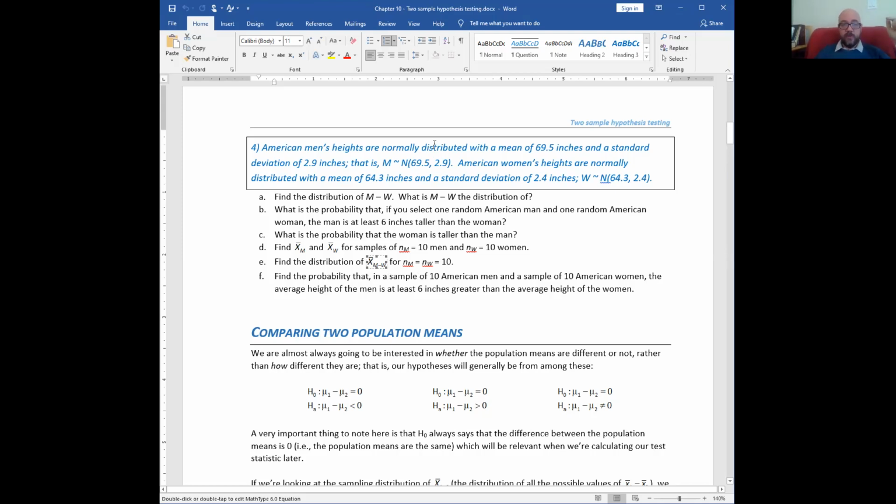So we're going to have, as before, the same averages, right? So each of X bar M and X bar W are going to have the same averages, but their standard deviations are going to be divided by the square root of 10. So 2.9 over root 10 and 2.4 over root 10. So we should find those things. Let's do that. Calculator.